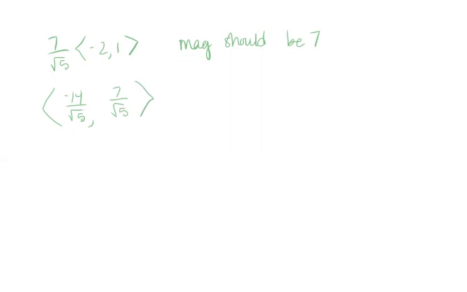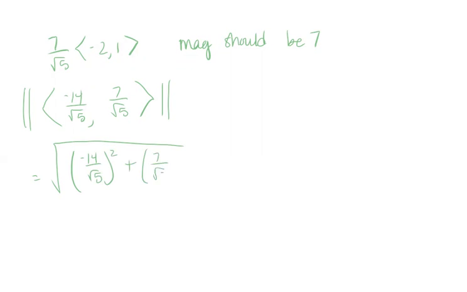We're going to find the magnitude. So I'm going to square the first part. So I have negative 14 over root 5 squared plus 7 over root 5 squared. 14 squared is 196.